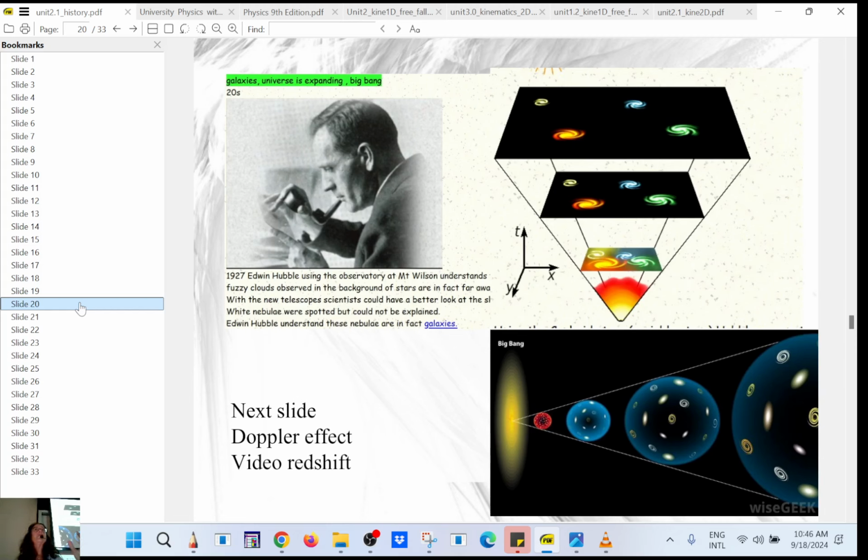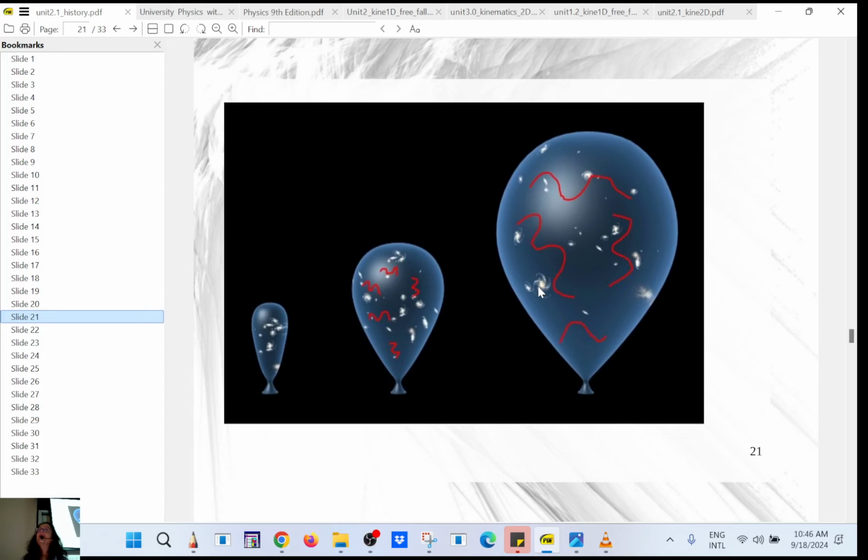So the term Big Bang was not coined by Edwin Hubble. It was coined by a British astronomer just to make fun of that Big Bang theory. So the next step was to try to look for that fossil light, as he said in the video.